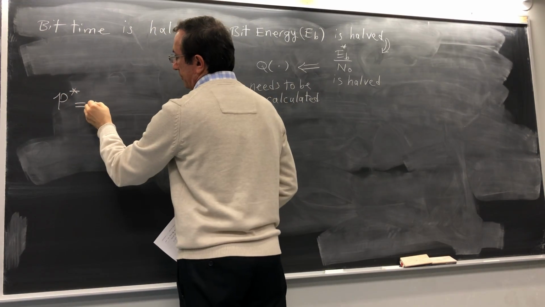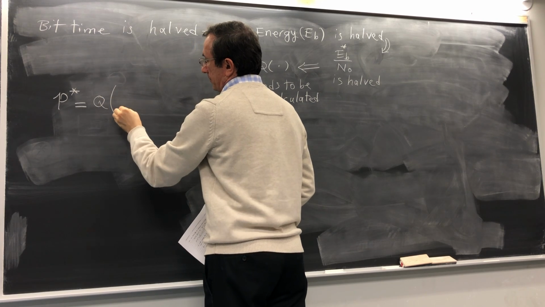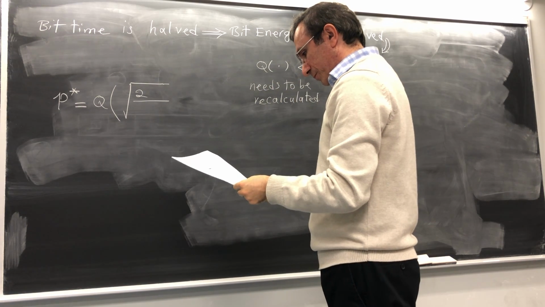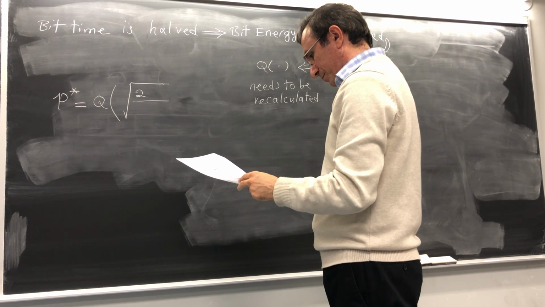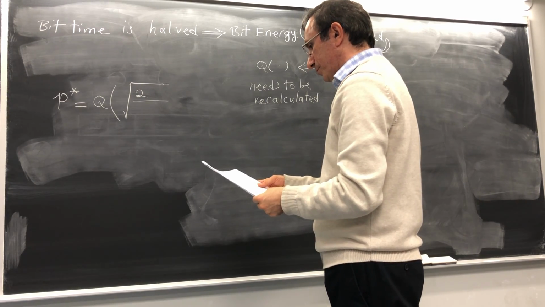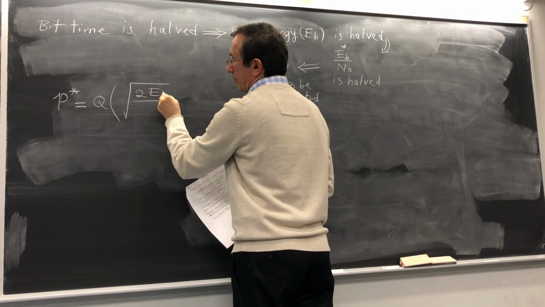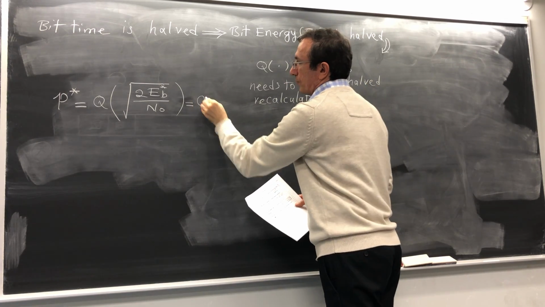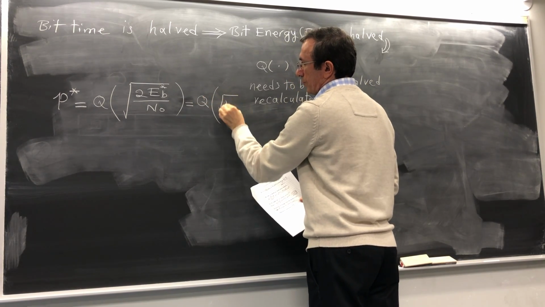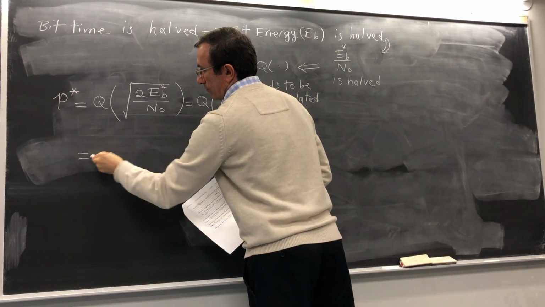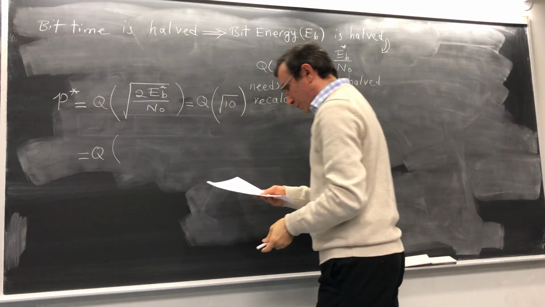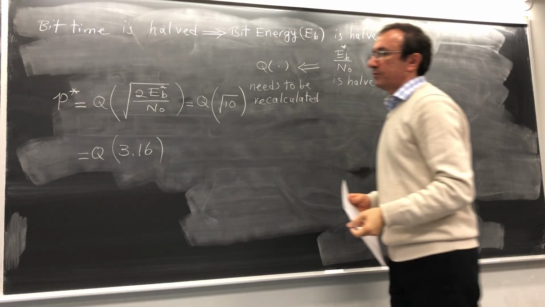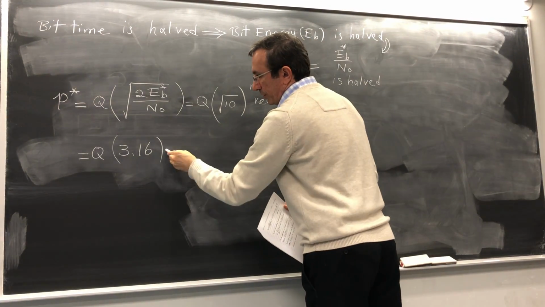P asterisk would be equal to Q function of square root of, let me read it from here, Q function of 3.16. And now this is below 3.5.